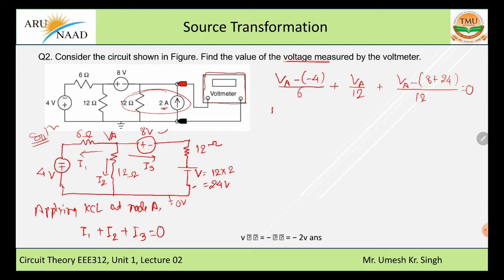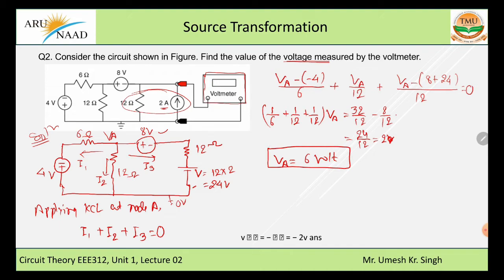When we solve using the calculator, you can convert this into this type, and this is 32 by 12 minus 8 by 12. 4 by 6 can be written as 8 by 12, and we will get 24 by 12, or simply 2. And again solving, when we solve we get VA is equal to 6 volt.